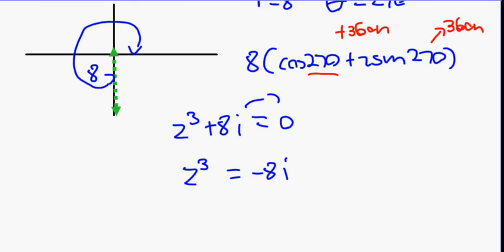The rotations mean that if I have a complex number here, the first time it reaches this value is at 270 degrees, but it can reach this value again another 360 degrees later and continues around. So this 360n is going to be added in here. So z cubed equals minus 8i, as discussed earlier.